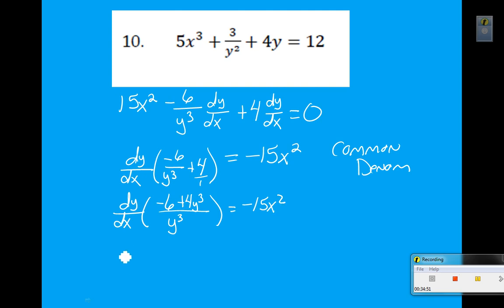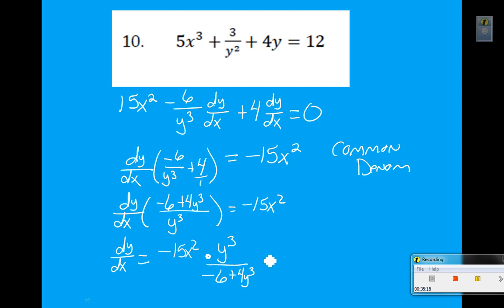Now watch what happens. To get dy dx by itself, I'm going to multiply by this reciprocal. So I'm going to have negative 15x squared times the reciprocal of this, which is y cubed over negative 6 plus 4y cubed.